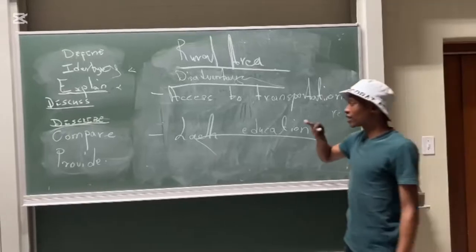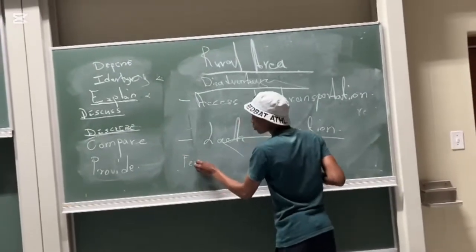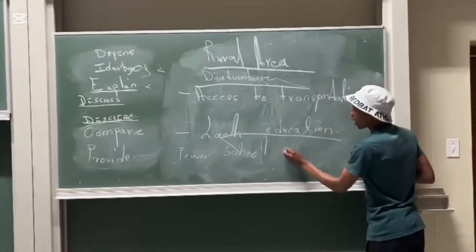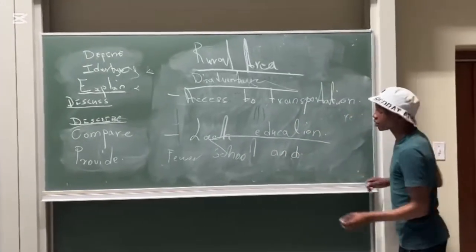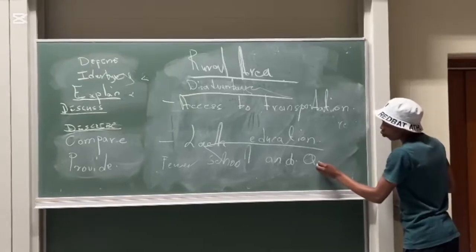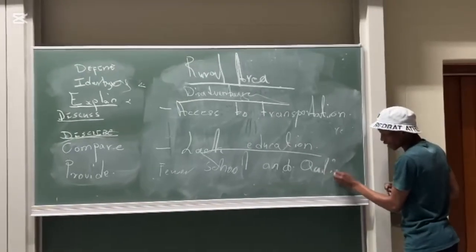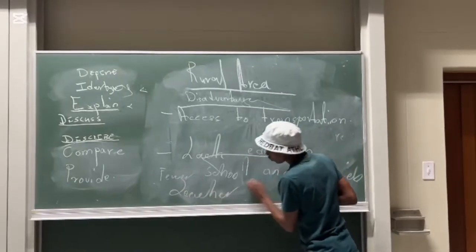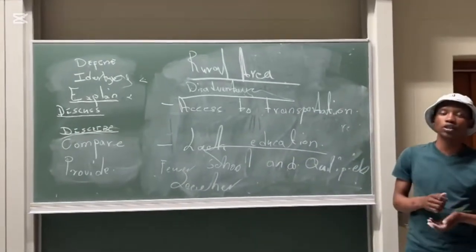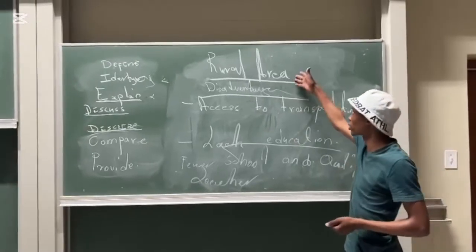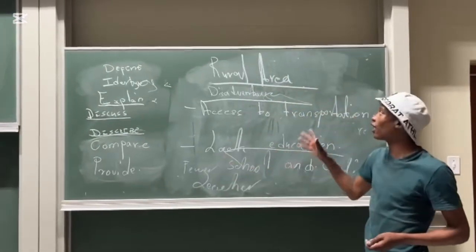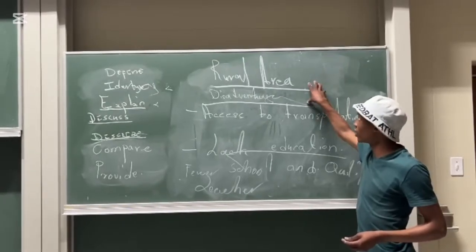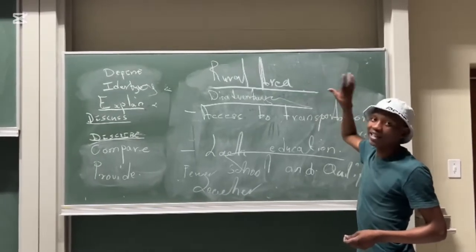Because there are fewer schools and qualified teachers to disseminate the content effectively for learners in rural areas. And all these things negatively affect the development of people who live in rural areas.